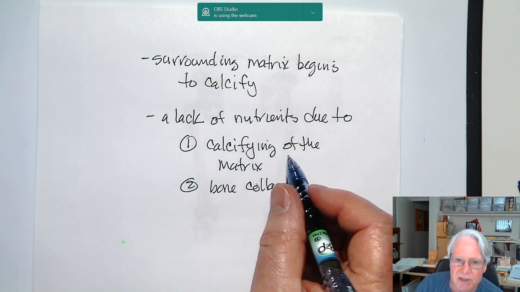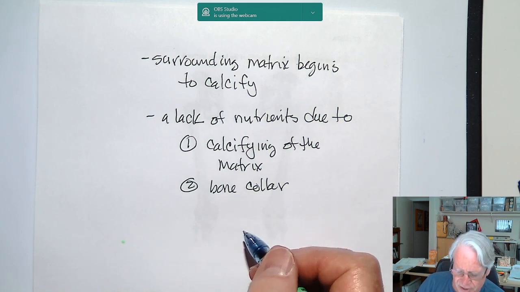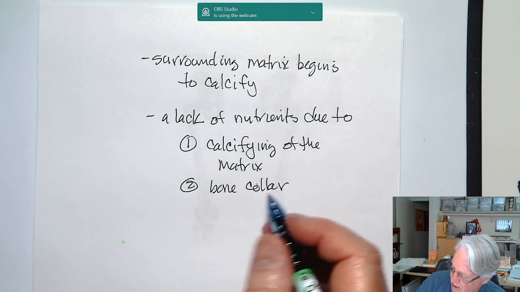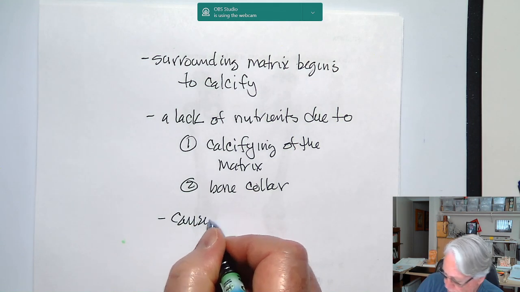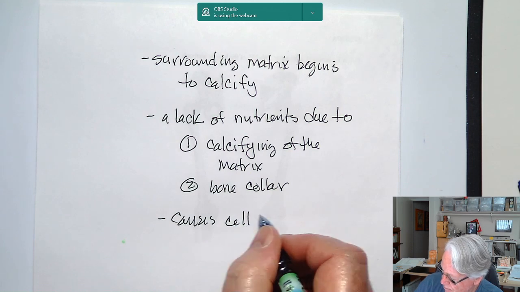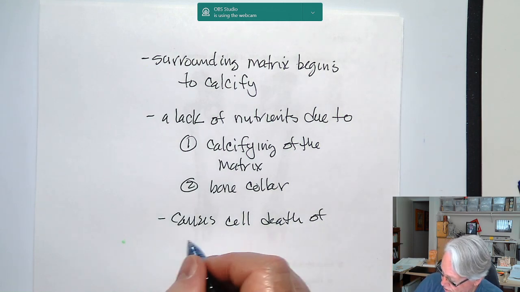So calcification is the first step, and then later, as we'll see, we're going to grow a bone collar around the center of that bone. That's going to cause cell death, okay, of chondrocytes.